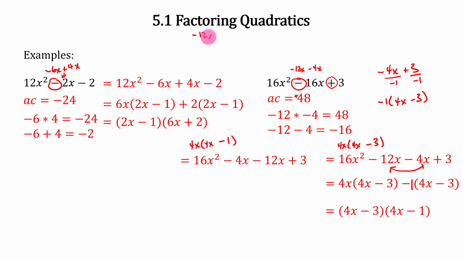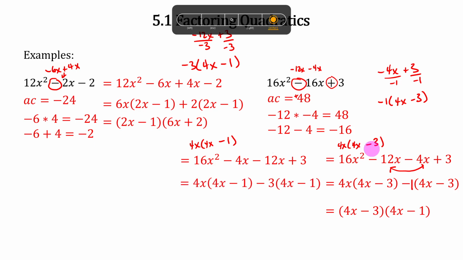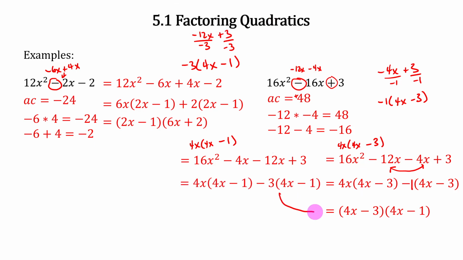So it's negative 12x plus 3, and I'm going to factor out a negative 3. So that's going to become 4x, and positive 3 divided by negative 3 is negative 1, so 4x minus 1. Which, in turn, just equals that. So it really doesn't matter which order you do it in.